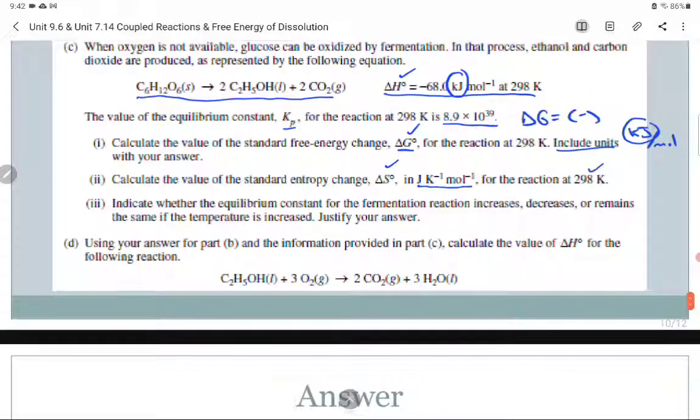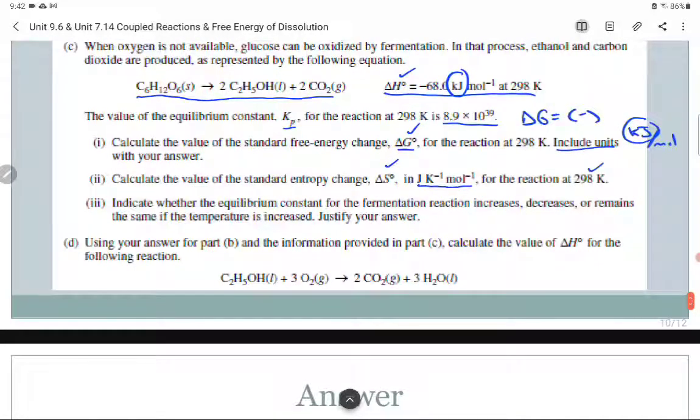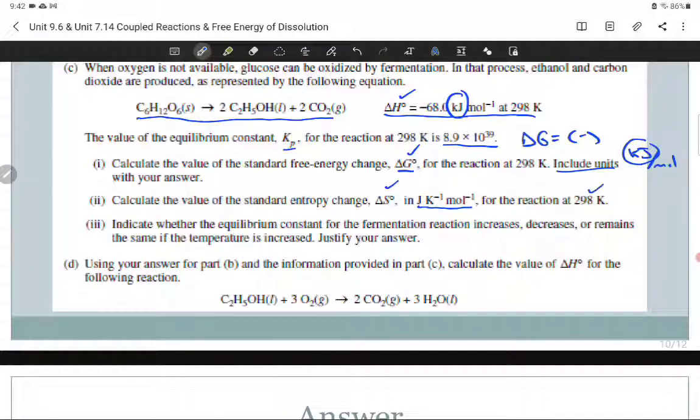Okay, where are we at here? Part 3. Indicate whether the equilibrium constant for the fermentation reaction increases, decreases, or remains the same if the temperature is increased. Let's go up here and look at what we got. The delta H is negative. That means that energy goes over here.